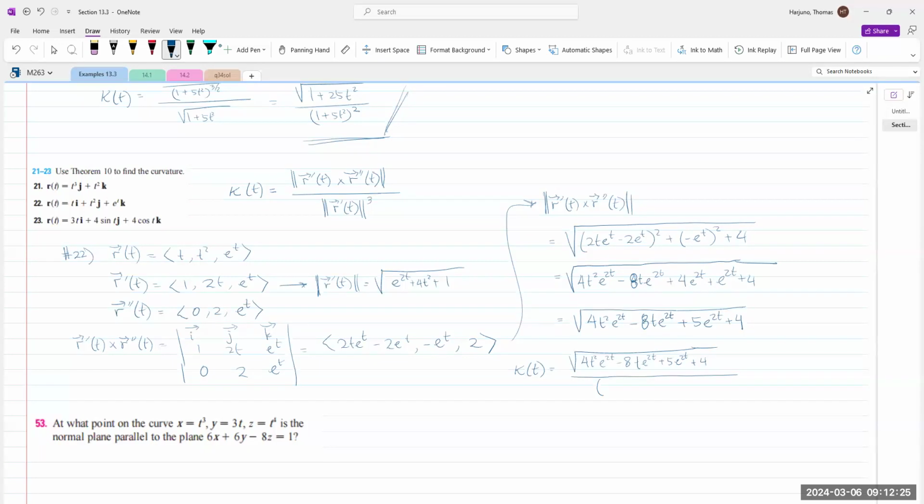So this will be e to the 2t plus 4t squared plus 1 to the power of 3 halves. I'm sorry.